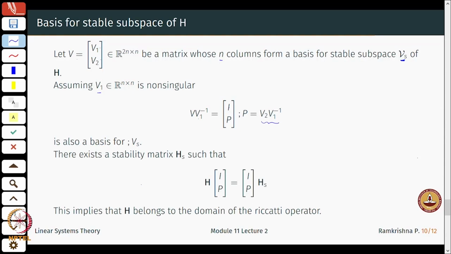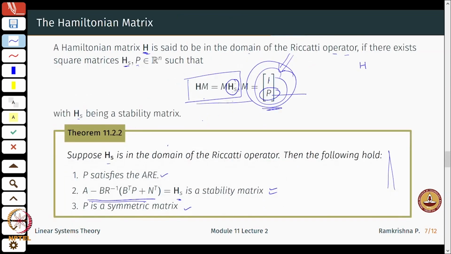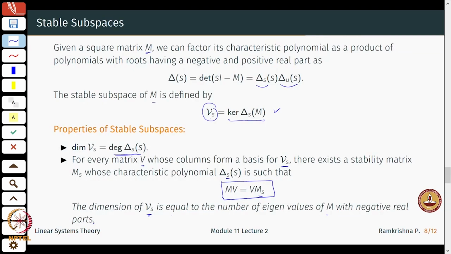Now, if V is a basis, then V times V1 inverse is also a basis for Vs. What is the property that we will exploit now? We will exploit the property of stable subspaces.